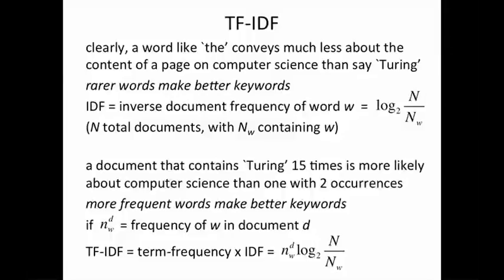If a word occurs 100 times in a document, but the word is the, weighting that element in the index by 100 doesn't make sense. But if a word like Turing occurs 100 times, then weighting it with a high value makes sense. So TF-IDF accurately captures this intuition.